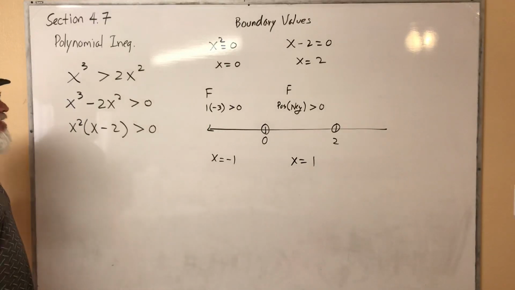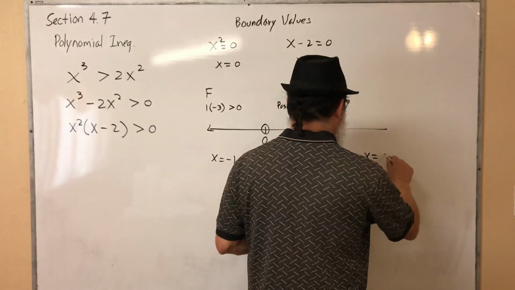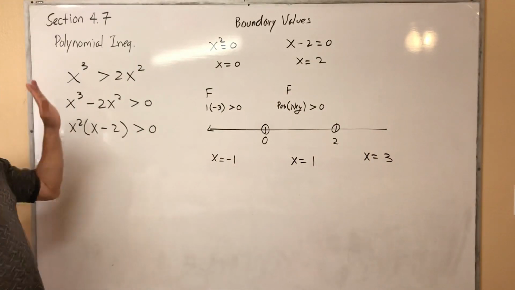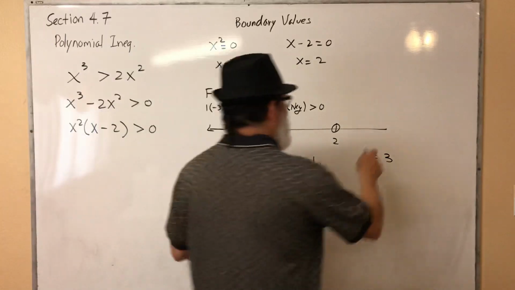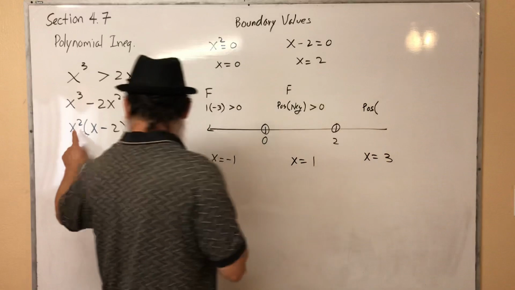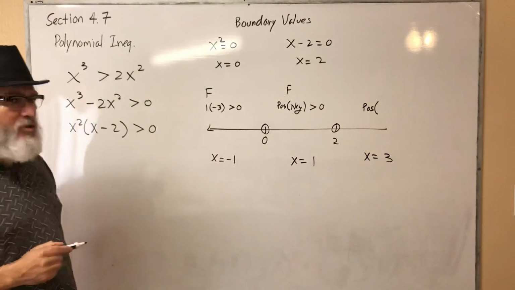Okay. What about here? X equals 3. 3 squared is 9, positive. Times. No, it's multiplication, okay? A positive times, what's 3 minus 2? Is that positive?